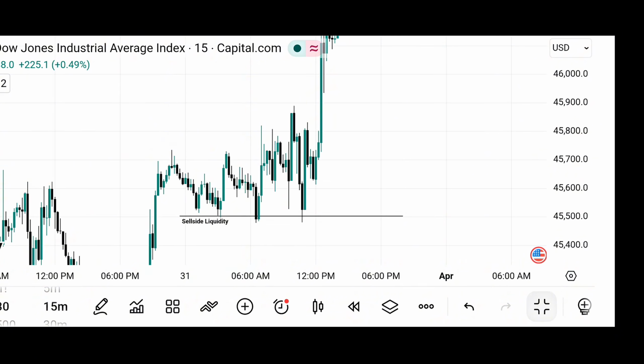This kind of divergence suggests institutional or smart money activity in the marketplace.